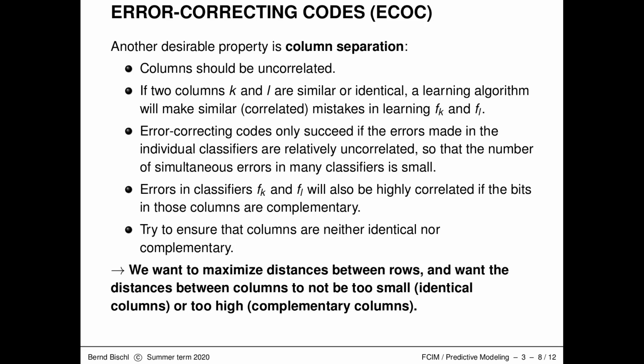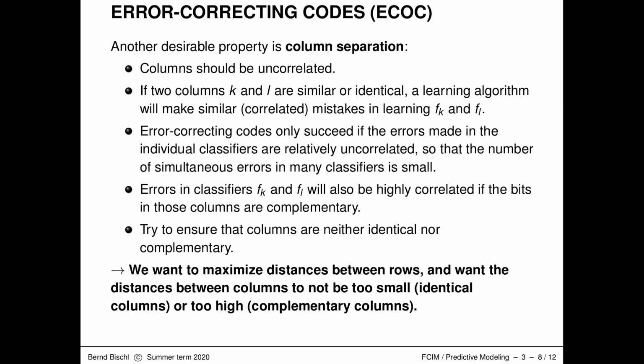So if these columns effectively encode very, very similar learning problems, my learning algorithm will also make correlated mistakes when it learns these correlated binary subproblems. And my error correcting output coding scheme will only succeed if the errors made in the individual classifiers are relatively uncorrelated, so that the number of simultaneous errors in many classifiers is actually quite small.